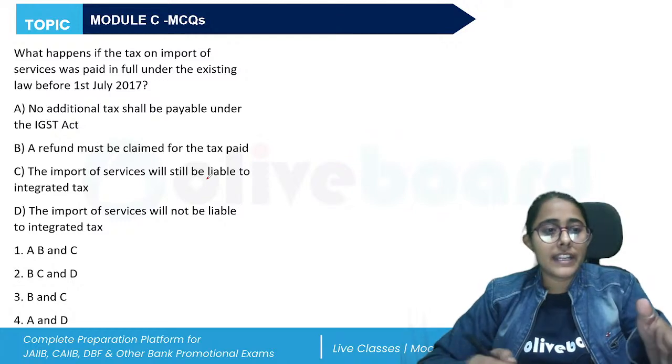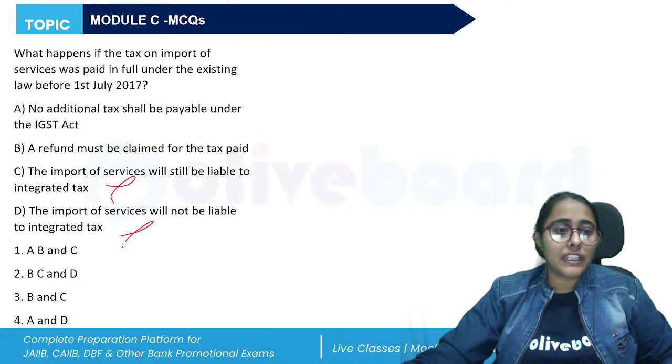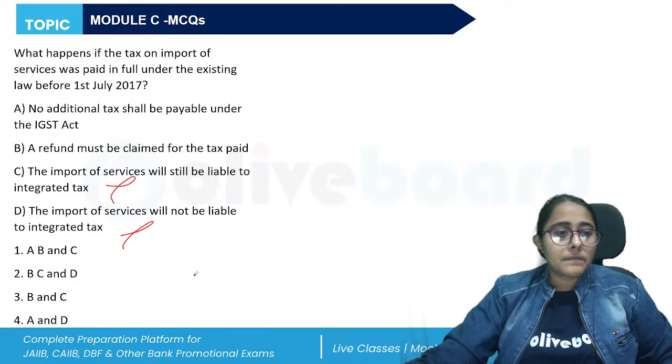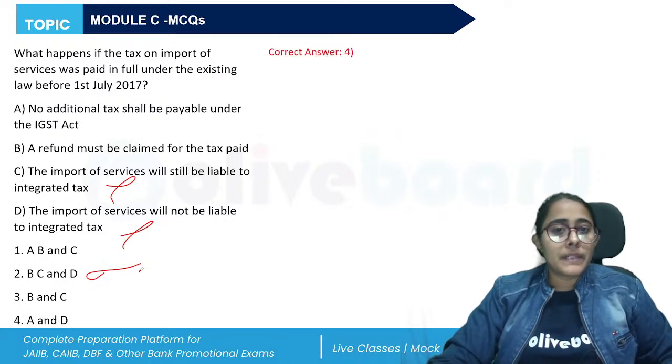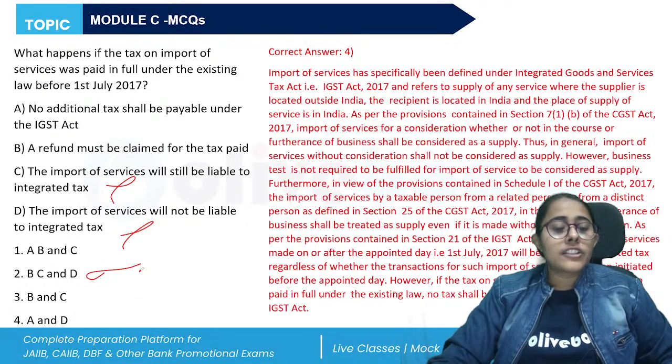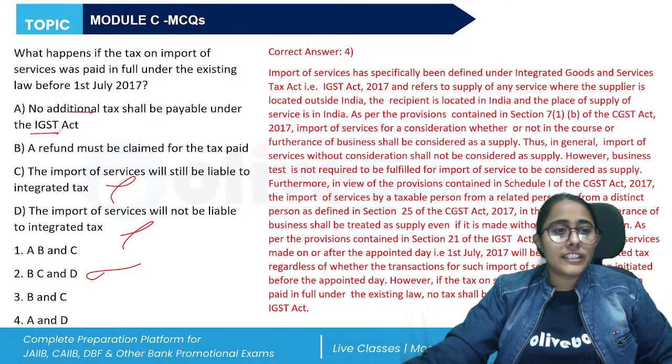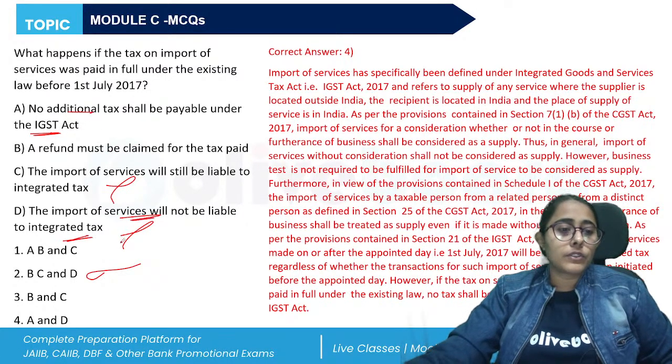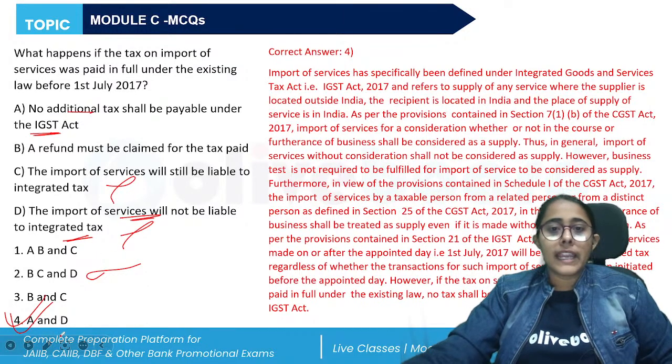So here we can see option C and D are completely opposite of each other, so we will remove the options where both of these are together. Then if the tax is paid in full, what will be done? No additional tax shall be payable under the IGST, and the import of services will not be liable to the integrated tax. So the correct answer is option 4, A and D.